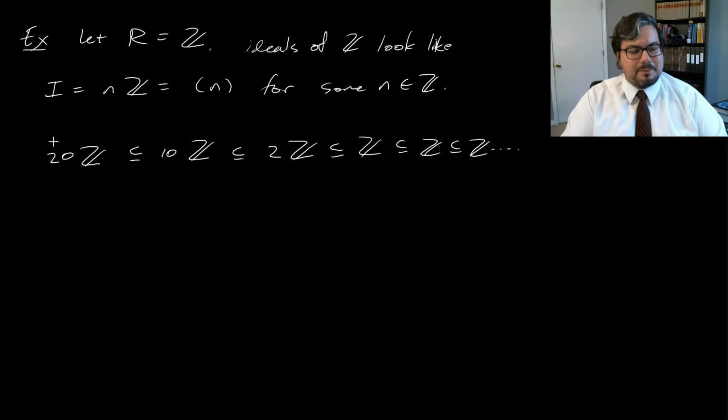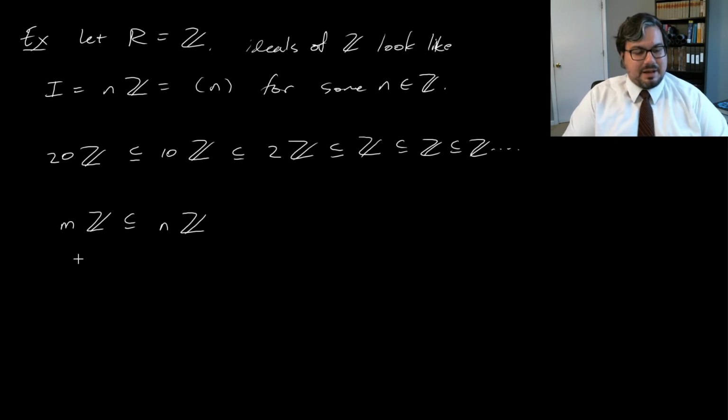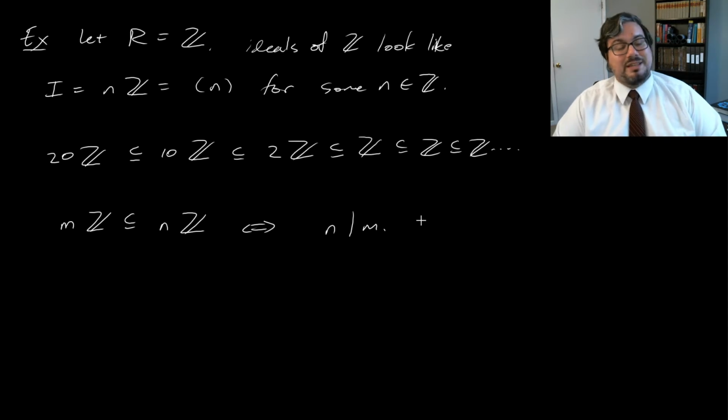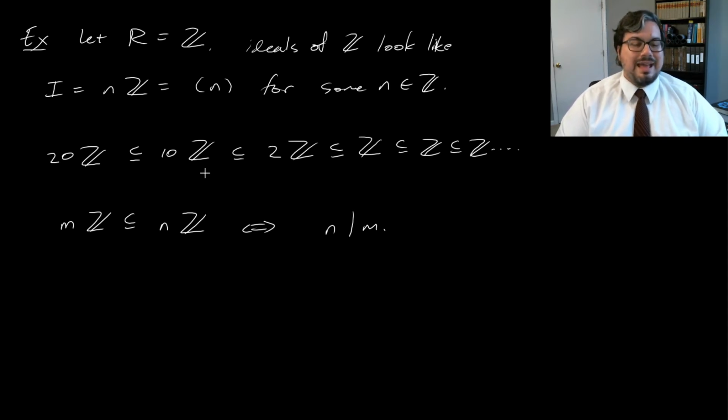But if you think about what it means for one ideal in the integers to be contained in another ideal, this happens if and only if n divides m. So n has to be some factor of m. And so no matter what you start with, if I keep going to a factor of that, and to a factor of that, in particular, the numbers can only get smaller. And they can only go down so far.